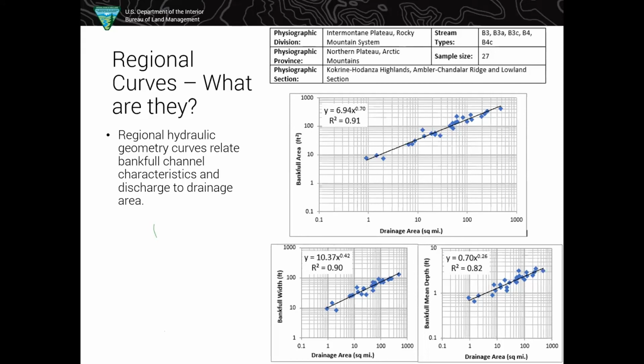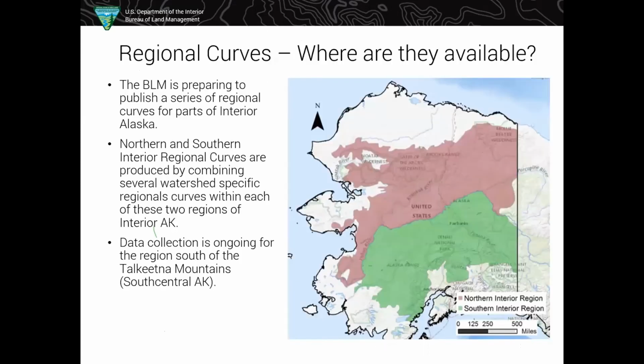And so I'll show an illustration of some curves from the lower 48 too, to give you guys some context. But this is the curve for the northern portion of interior Alaska. And this is a map showing kind of where these curves would be applied. So during this presentation, I've talked a lot about understanding your fluvial landscape, why it's important for planning fish passage projects.